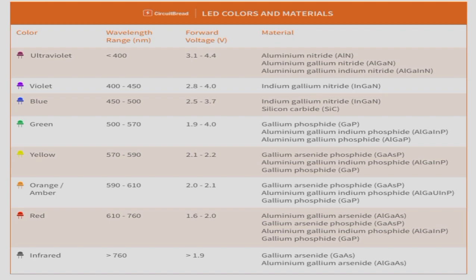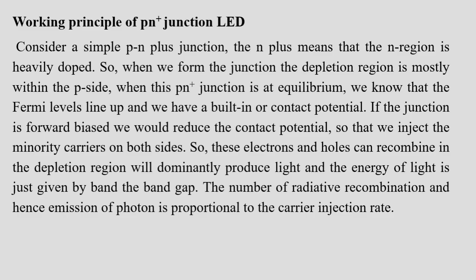Now, the very important concept you have to understand is the working principle of a PN plus junction LED. How does an LED work? Consider a simple PN plus junction. Here N plus means the N region is heavily doped.